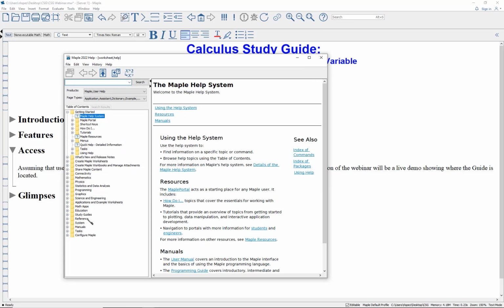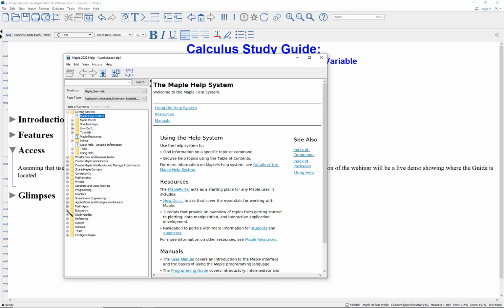Now you look down here in the help system and you see education, and right under it you see study guides. If you look in education, you will again see study guides. What is in this section is exactly what's in this section. This repetition is by design, because I asked about that. It is intended, that's the way it's going to be.